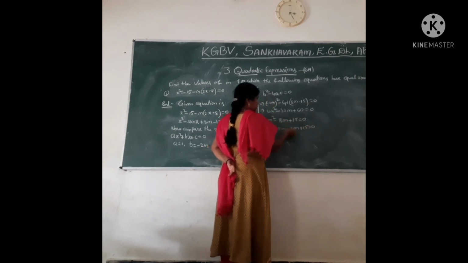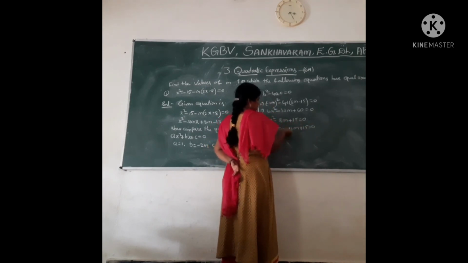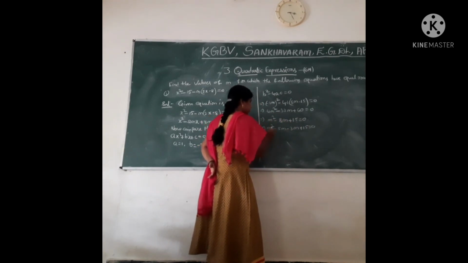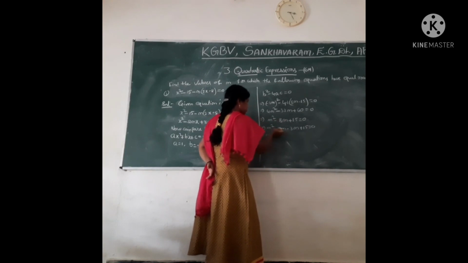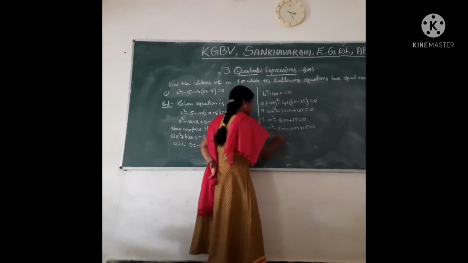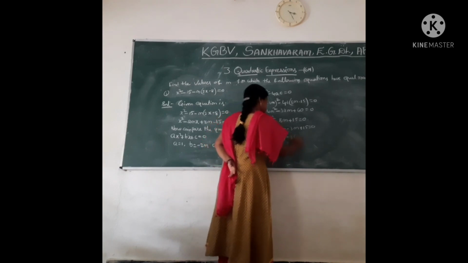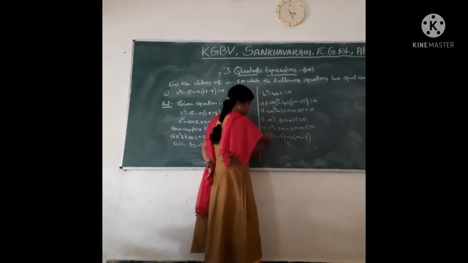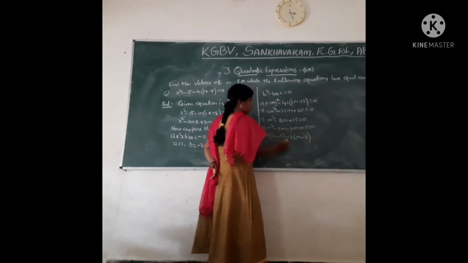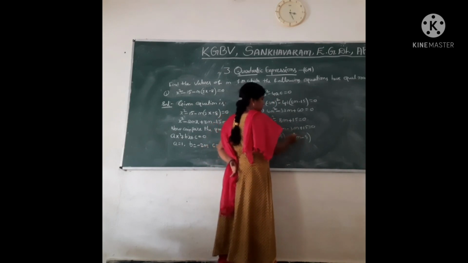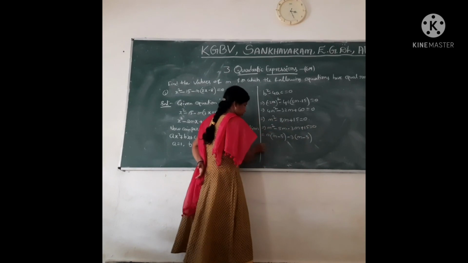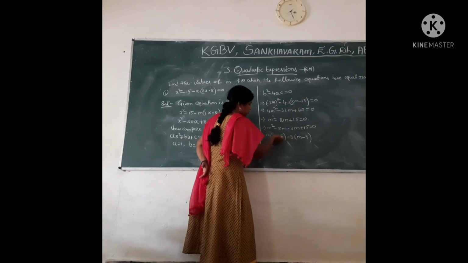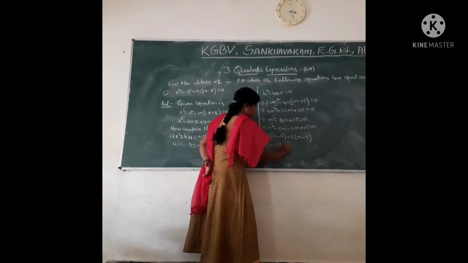Here both multiply to give 15 and add to give 8. In the first two terms m is common, so m into m minus 5, and in the last two terms minus 3 is common, so minus 3 into m minus 5. Clear? Now we get m minus 5 common, just m minus 3.